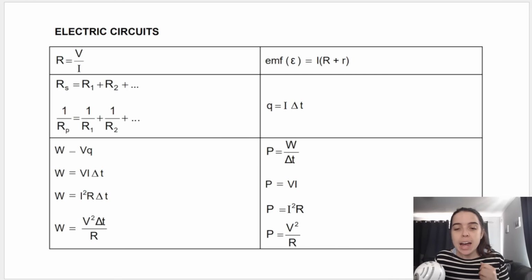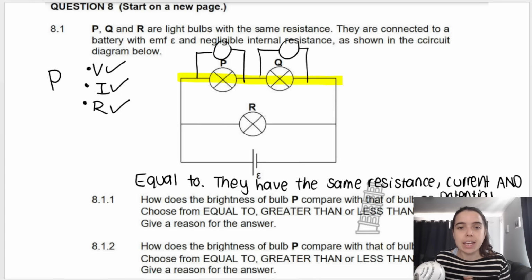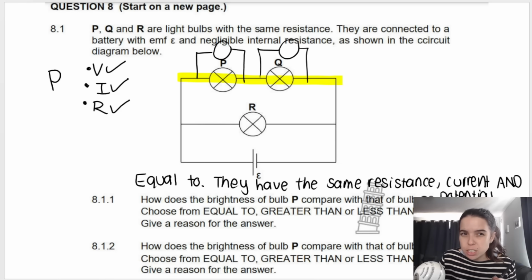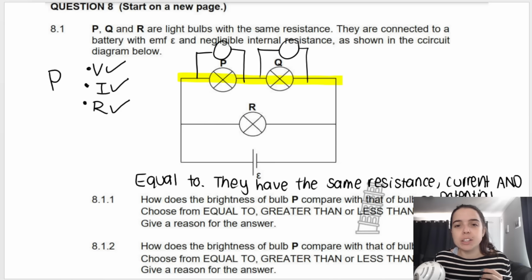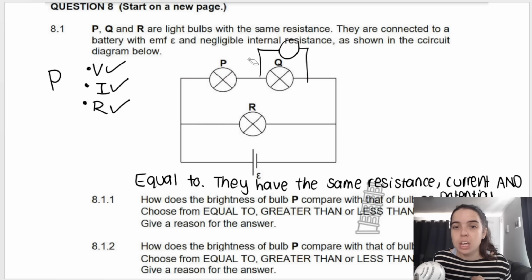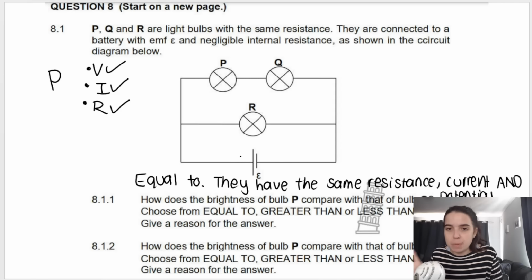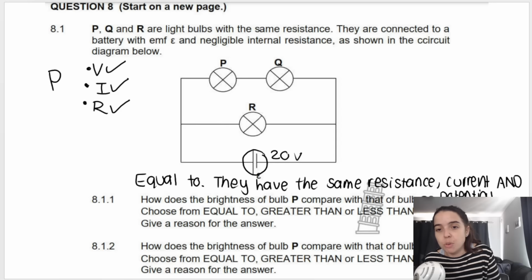So that is why. And where a lot of students go wrong is they say, but ma'am, isn't voltage the same? Or they get confused with a parallel series connection. So I just want to explain it to you quickly because this could be very useful maybe in another question. If the EMF of the battery, let's just give it a number, let's pretend the EMF of the battery is 20 volts.